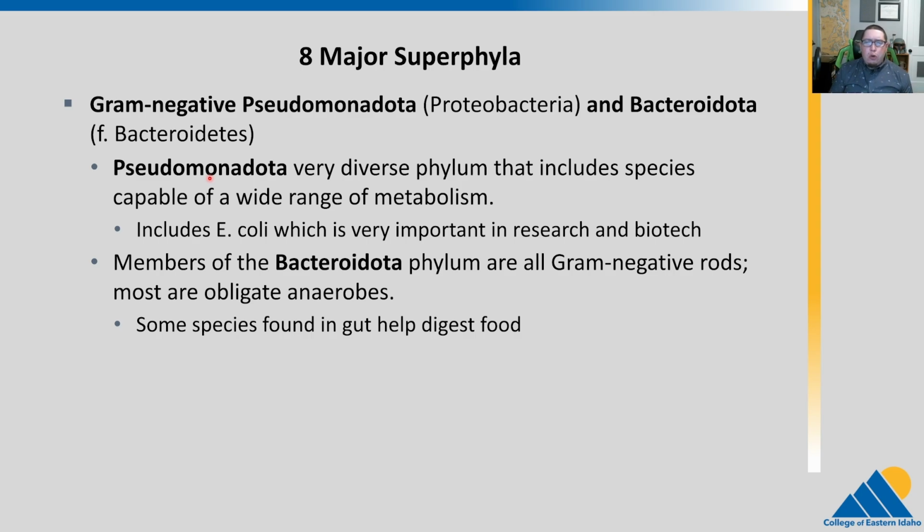Basically, you have huge differences in how they do metabolism, create energy, things like this. But also in there, some very important organisms, particularly E. coli, which is very important in scientific research. We know so much about not just bacteria, but ourselves from studying E. coli.